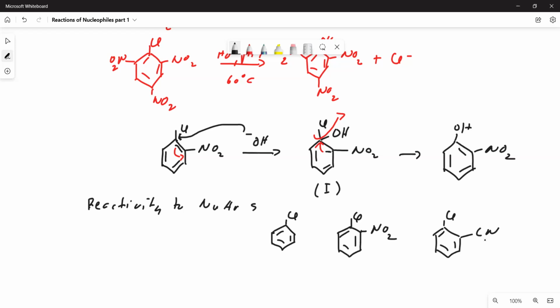And if all of these will undergo nucleophilic aromatic substitution, increasing reactivity.